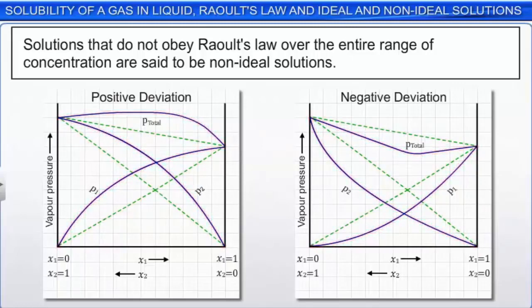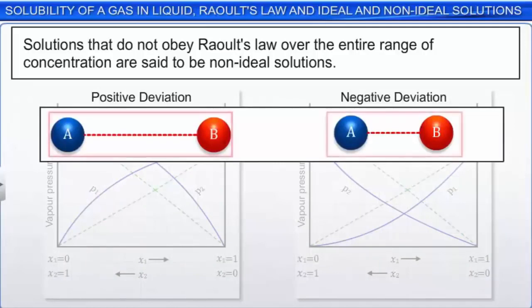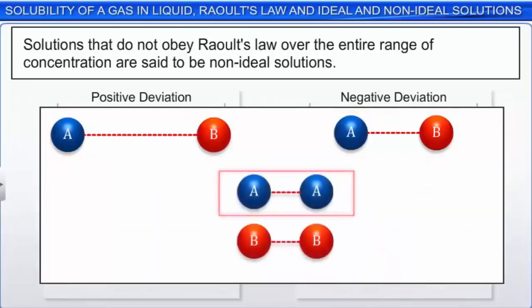The reasons for the deviation are the intermolecular interactions at the molecular level. For a non-ideal solution, the magnitude of AB interactions is not the same as the magnitude of AA and BB interactions.